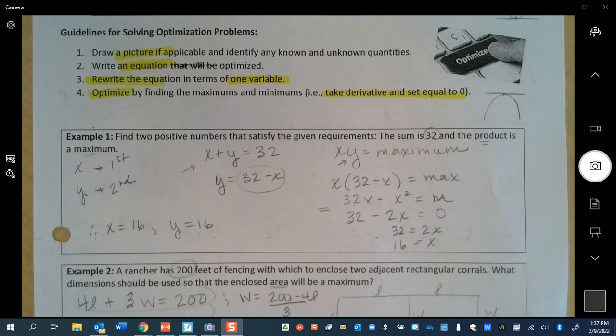Related rates is where you're looking for the change with respect to time. Here, I'm just taking my derivative because I got it down to one variable, so I don't have to worry about the dx/dt because it's a derivative in terms of x. So I don't have all those extra rates embedded in.